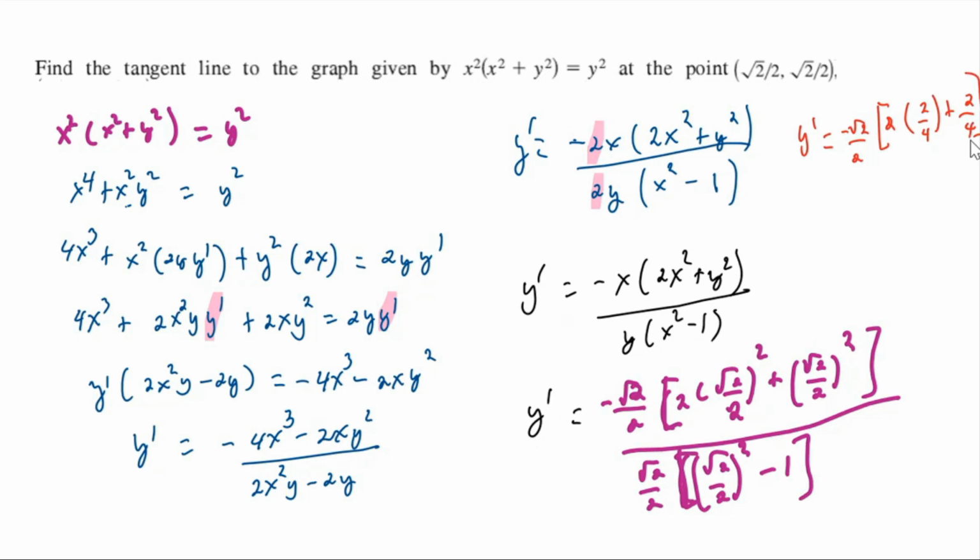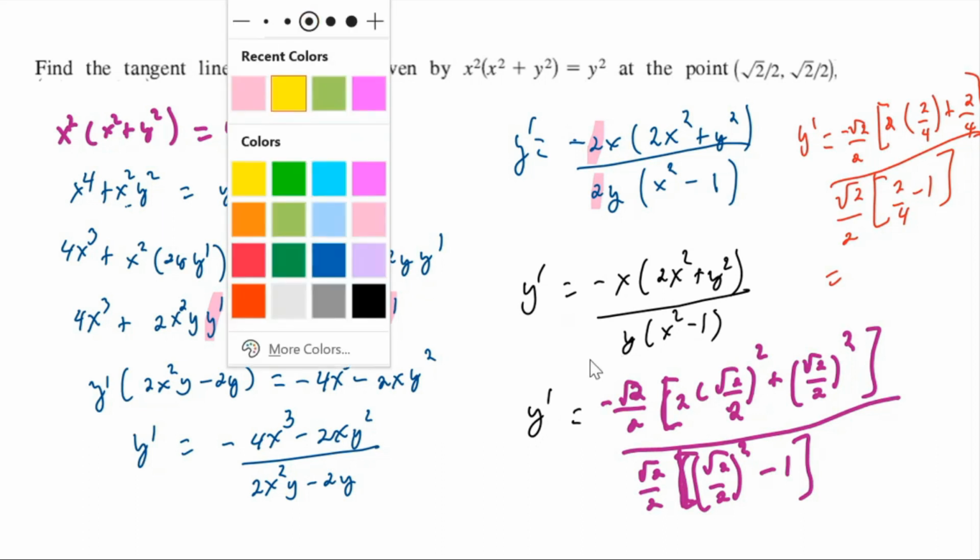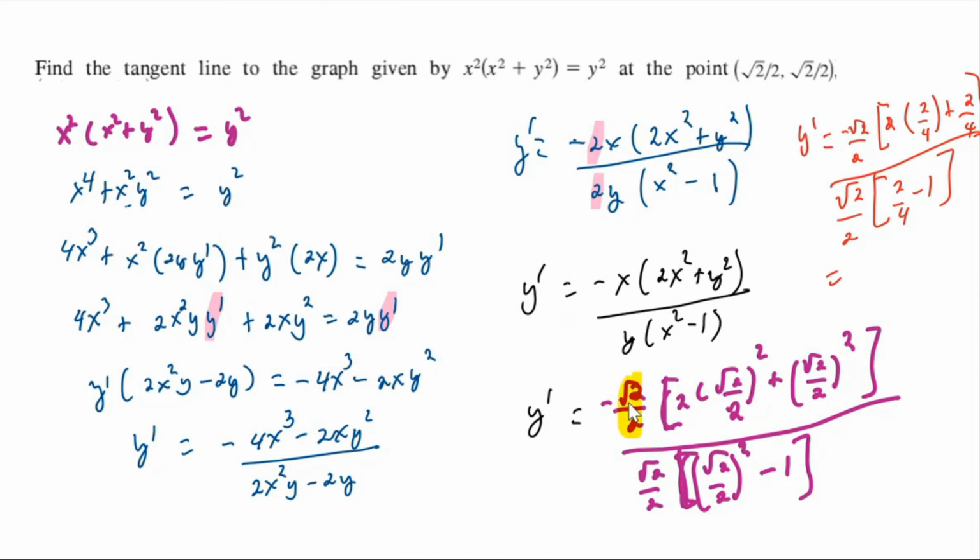So that's close all over. We have square root of 2 over 2 times square root of 2 over 2 is 2 over 4 minus 1. Now let us simplify. Anyway, I forgot to simplify this one a while ago, but that one is just equal to negative 1.